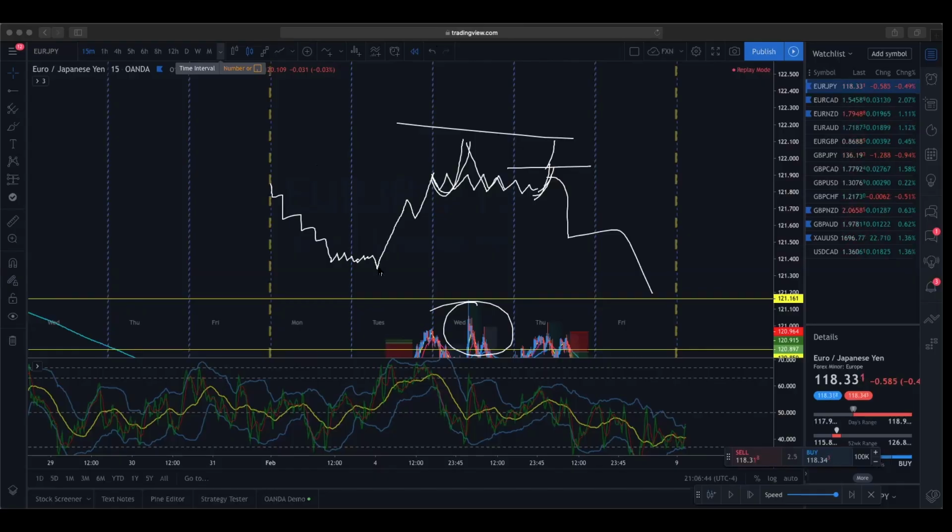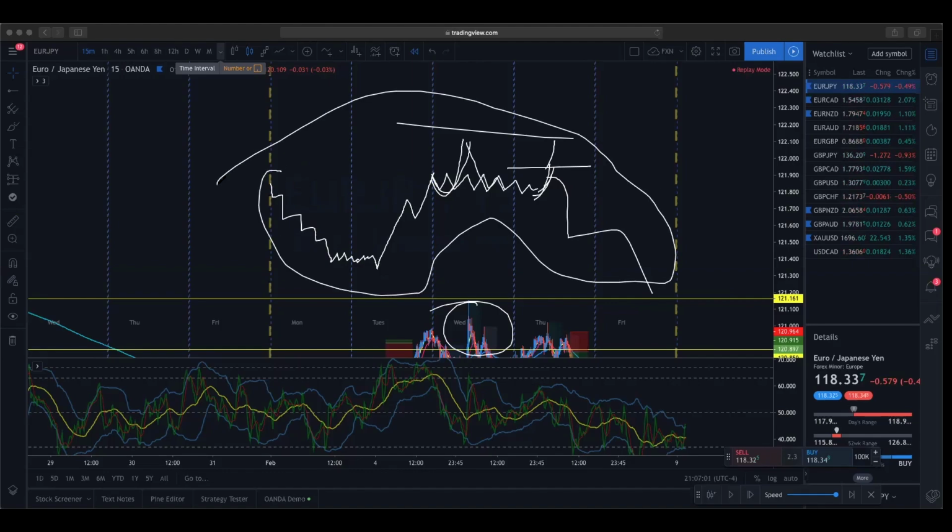I know what to expect because I've seen them over and over again. So if I can just focus and pick pairs that are doing this market maker cycle, I'm trading this all day, every day.